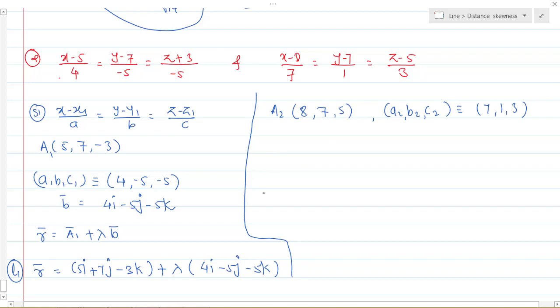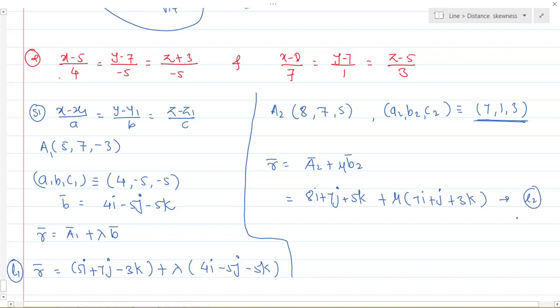So the equation of line is r bar equals a2 bar plus lambda b2 bar. a2 bar is 8i plus 7j plus 5k, plus lambda into bracket. Let's take another constant here, but let's use the standard form. The b bar is the direction ratio of the parallel vector, so it becomes 7i plus j plus 3k. Perfect. This is my line number 2.